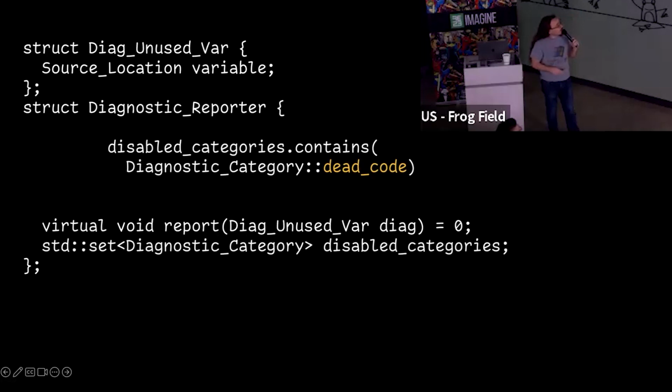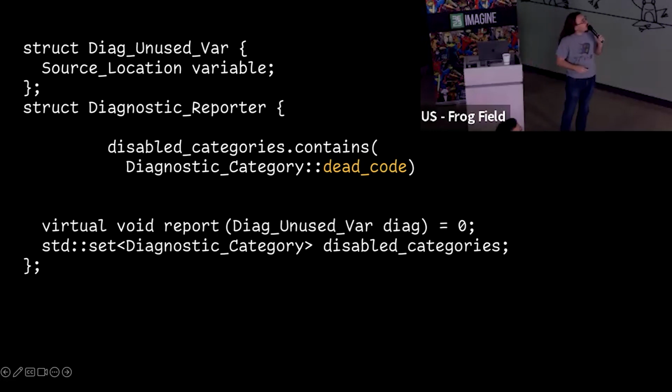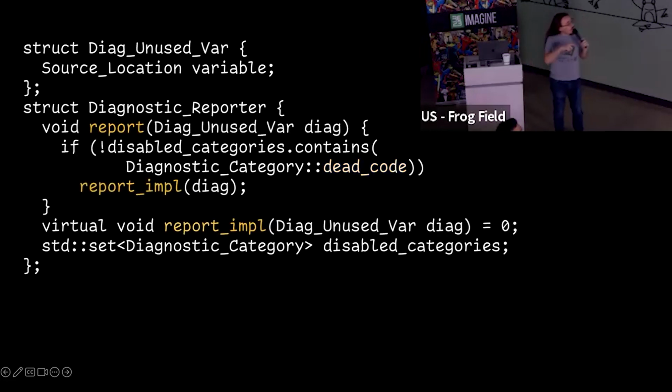Whenever we want to report a diagnostic, we check if the category for the diagnostic is inside of that disabled category list. Now, we don't want each method in the CLI reporter and the JSON reporter and whatever else reporters to check for containment in the disabled categories. So we put the common code up here in the base class, and we wrap each of the report methods.